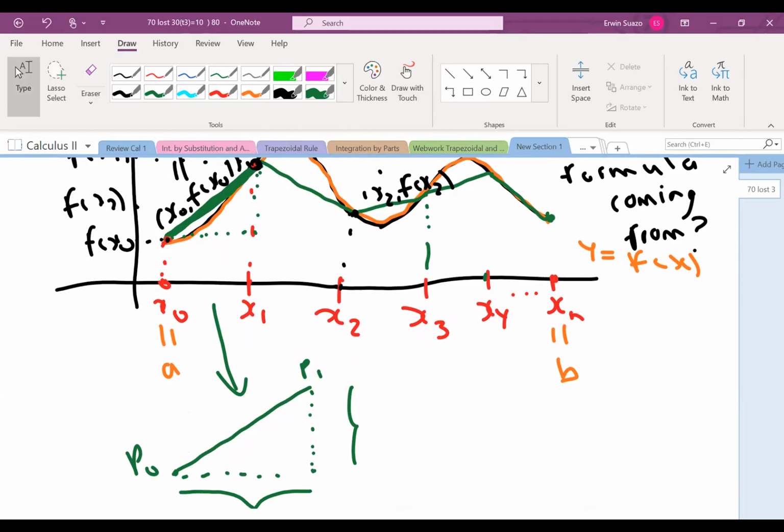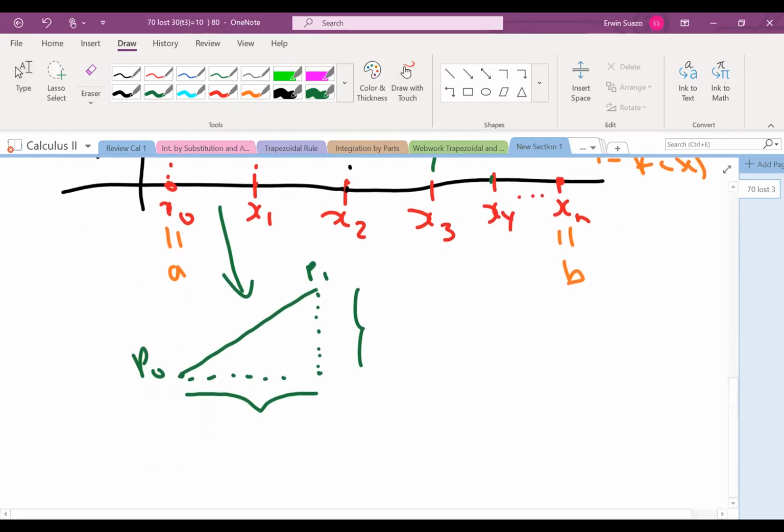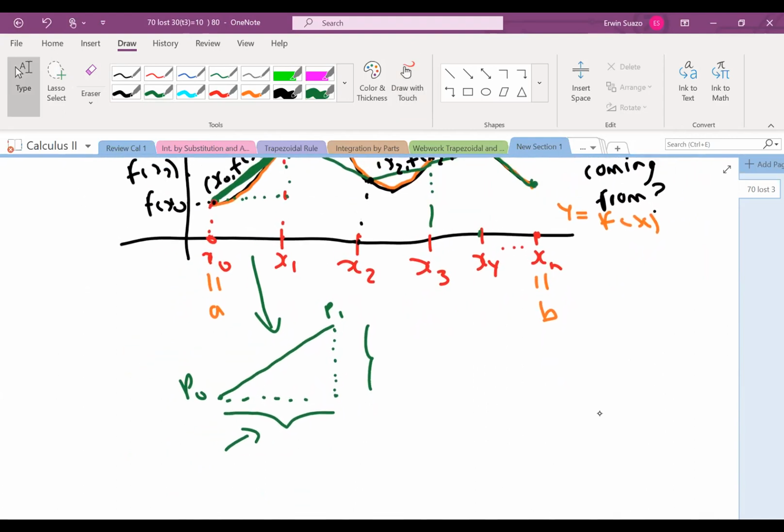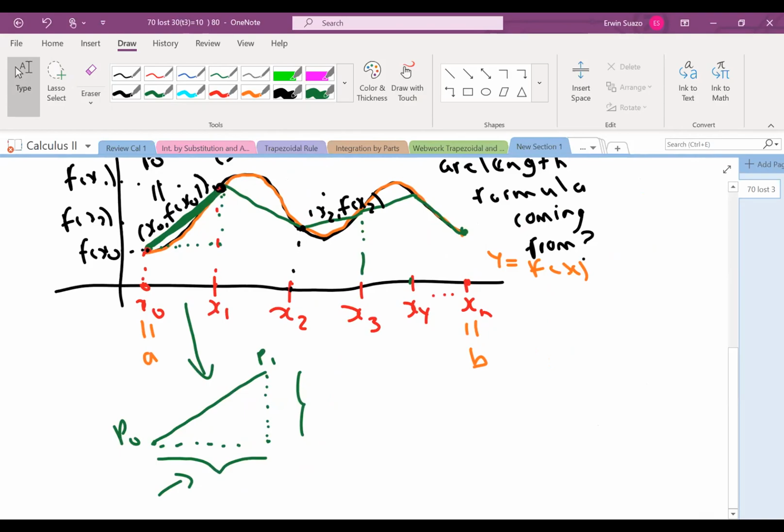Okay, so let's do the bottom, the horizontal one. What do you think is this one over here? x1 minus x0. x1 minus x0, yes. Because I need to find this distance, and you see, this is x1 minus x0.